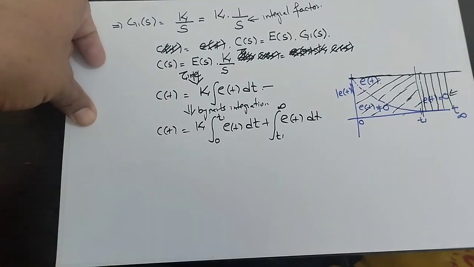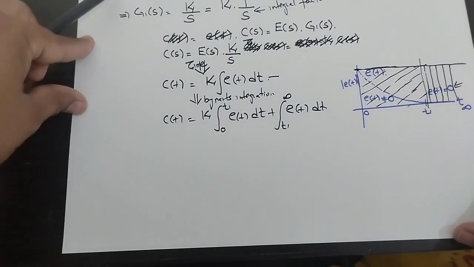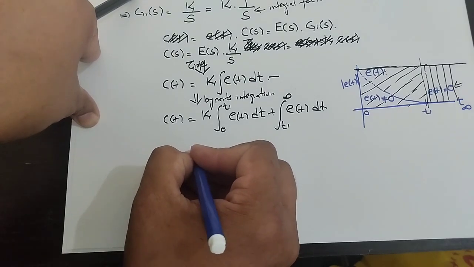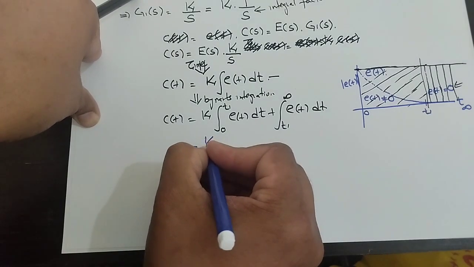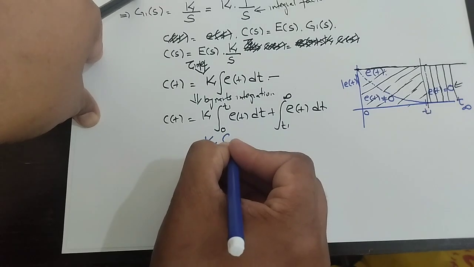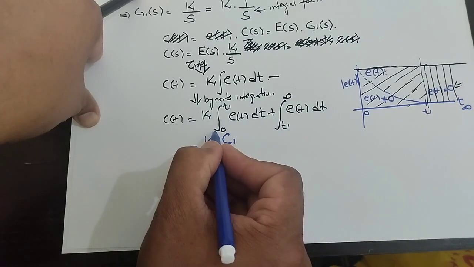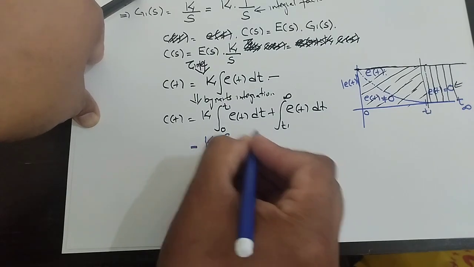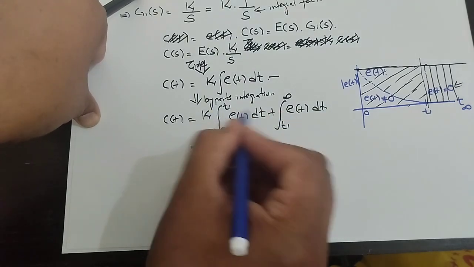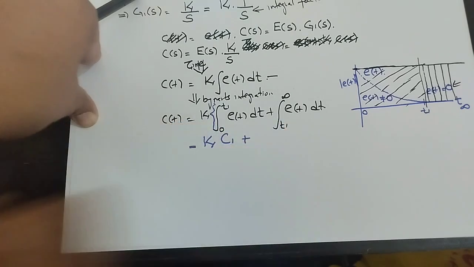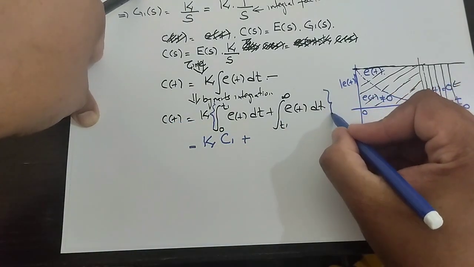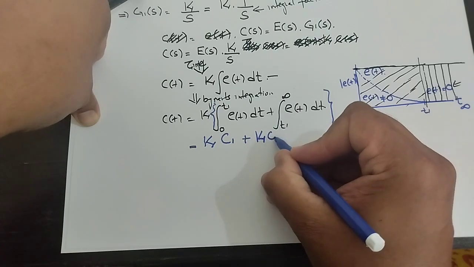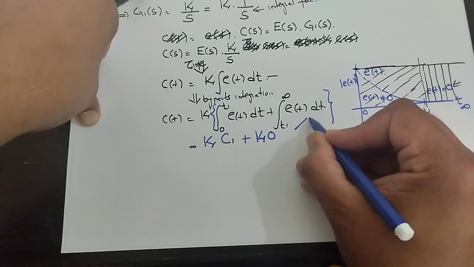So what happens is that we have some constant value, let's call it C1, which is the consequence of this non-zero error signal, plus k times 0, because this whole factor will be equal to 0.